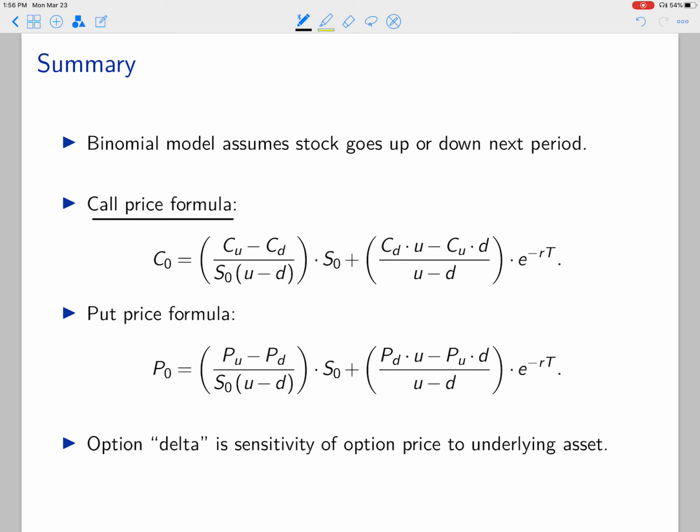We had a call price formula and a put price formula, each of which was nothing more than the number of delta shares times the initial stock price that we own, plus the number of beta bonds that we hold times their price. Finally, we learned how to relate the parameter delta, which was the number of shares we needed to long or short, to something called the option price sensitivity. It told us how much the option price moves for a 1 unit change in the stock price.